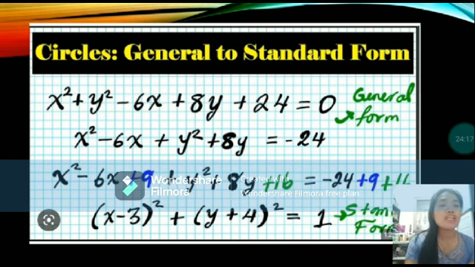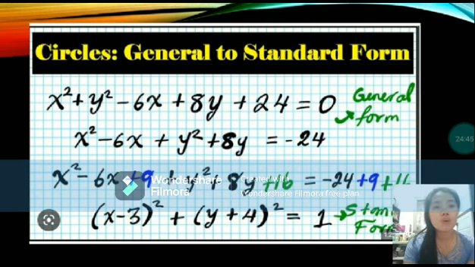Next, we need to complete the square. So we have here x squared minus 6x. To complete the square, this is how you're going to do it. Just negative 6 divided by 2, that's negative 3. Then square it, negative 3 times negative 3, you get positive 9. Then same is true with y squared plus 8y. That is 8 divided by 2, that is 4.